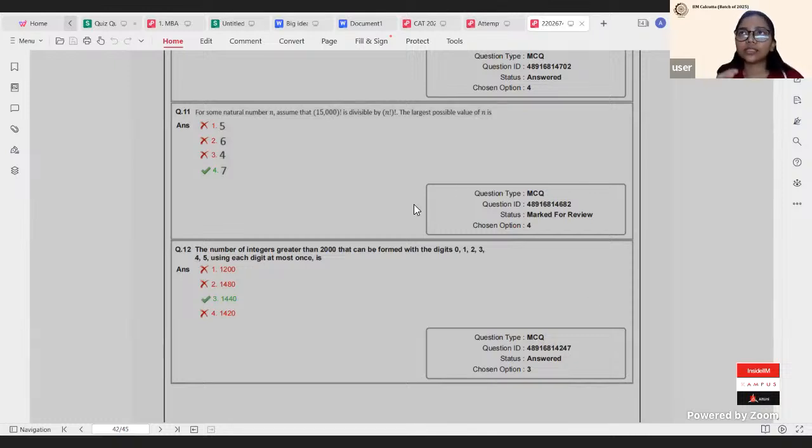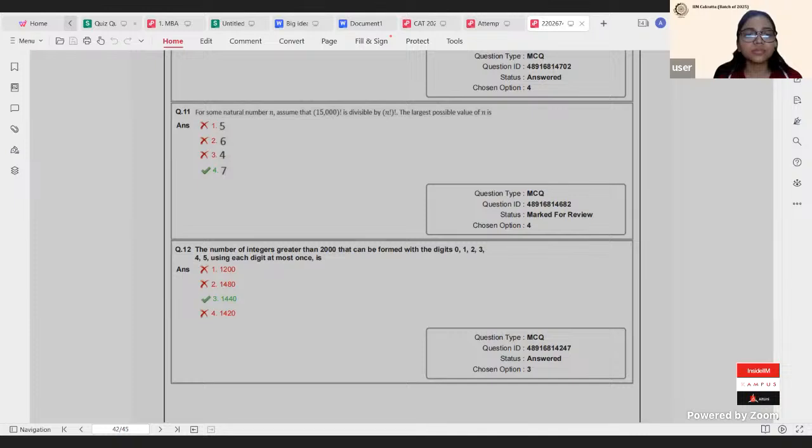So if it divides 15,000 factorial, the maximum possible value of k can be 15,000 for k factorial to divide 15,000 factorial. So pretty much the maximum possible value of n factorial can be 15,000 because we've replaced k by n factorial. And now if we basically find n factorial less than equals to 15,000, our purpose will be solved.